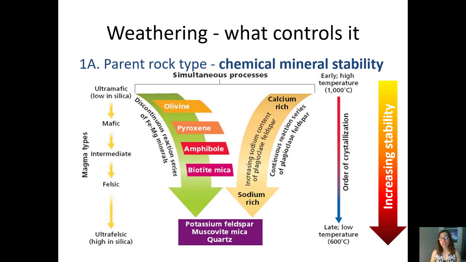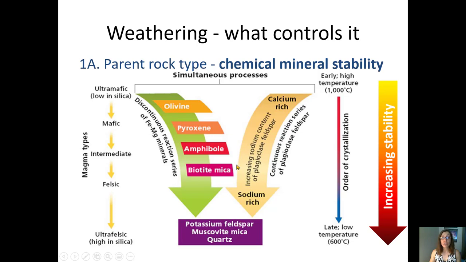So in Bowen's reaction series, olivine and pyroxene are some of the first minerals to crystallize at high temperatures. So this is their happy place at high temperatures, their equilibrium state. But at the surface, at the relatively low temperatures of the Earth's surface, they're going to break down.